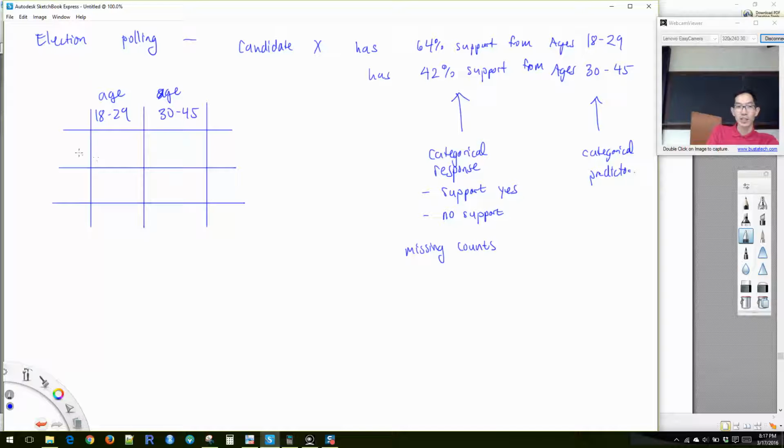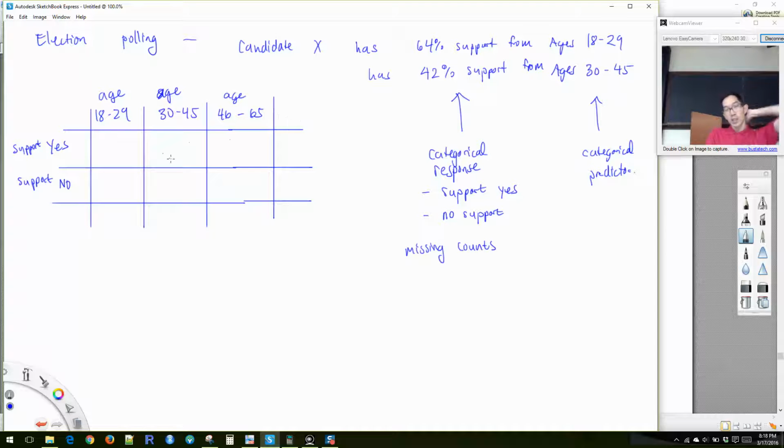And then here is support yes and support no. Okay, and then you could have even more categories if you wanted, right? You could have a 46 to 65 group or something like that.